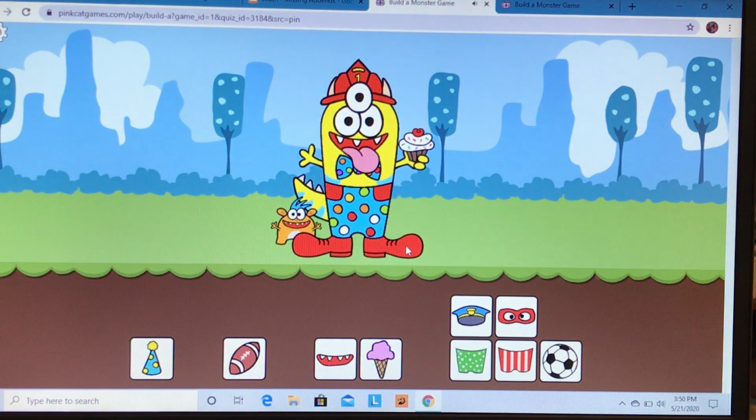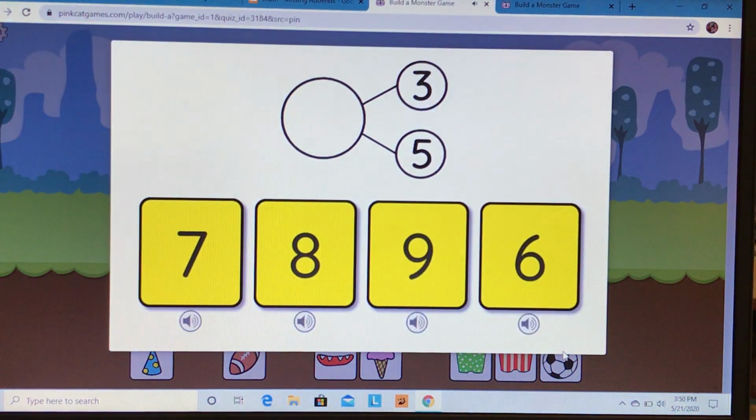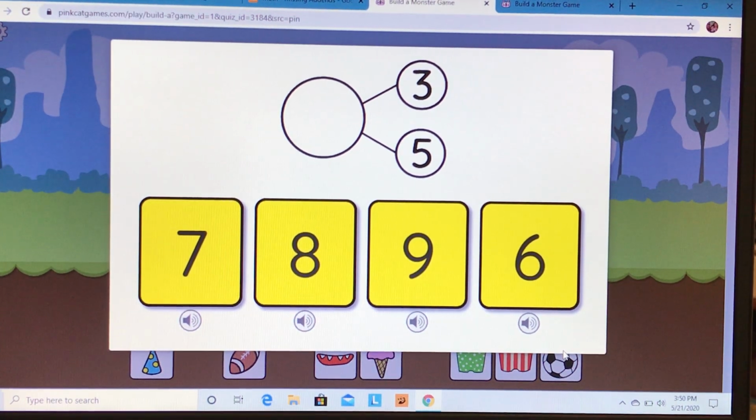All right, so there is his tongue, and let's give him a soccer ball. Here we have 2 parts of 3 and 5, and let's think about what they make when we put those parts together.